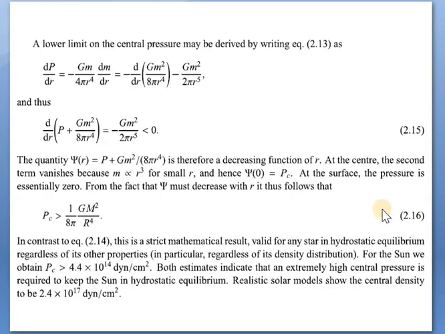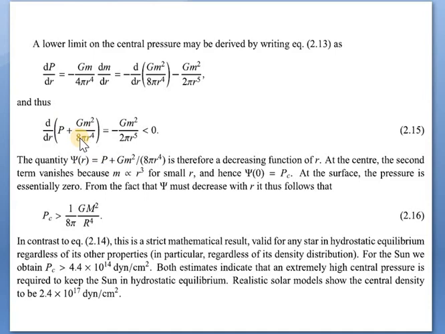Next, let us find a lower limit of the central pressure. You remember we have done these things before. If we do that, we get this relationship, and this is less than 0. Now this quantity is therefore a decreasing function of r.